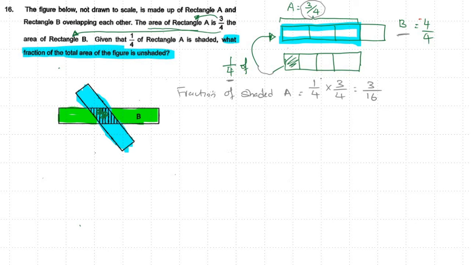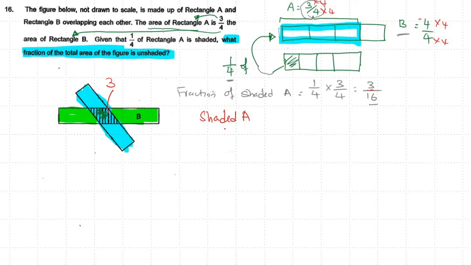Which means this whole bar here will become 16. And how do I actually change this whole bar here to become 16? Here I can times 4, and here times 4, and here times 4, here times 4. So everything will be 16. So I can know that the shaded portion here, in A, is actually 3.